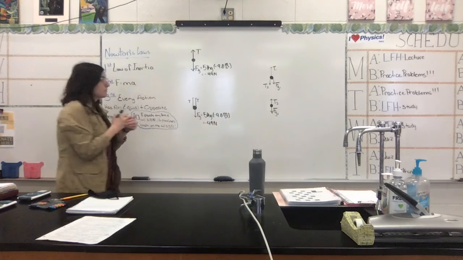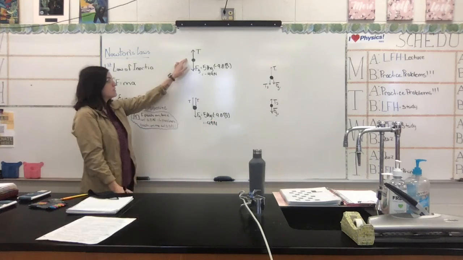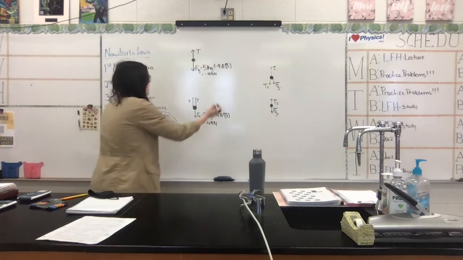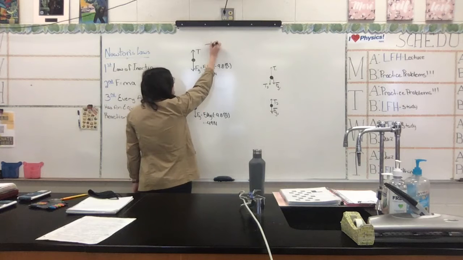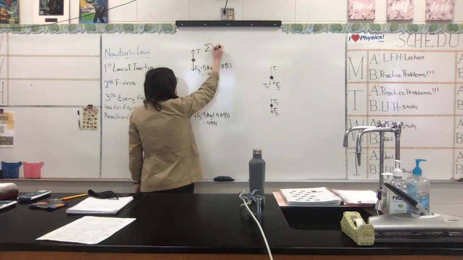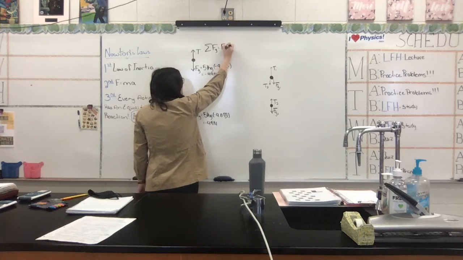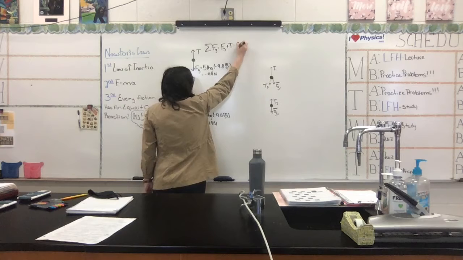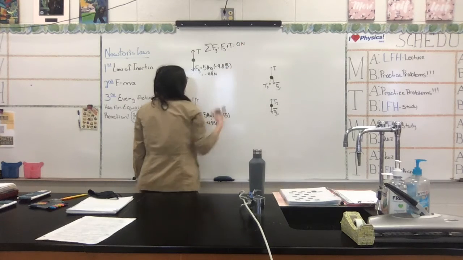All right? Now, for this first one, solving for tension is really straightforward. What we're going to want to do is sum the forces in the y direction. And when we do that, we're going to get that the force of gravity plus tension is equal to 0 newtons, since this is equilibrium.